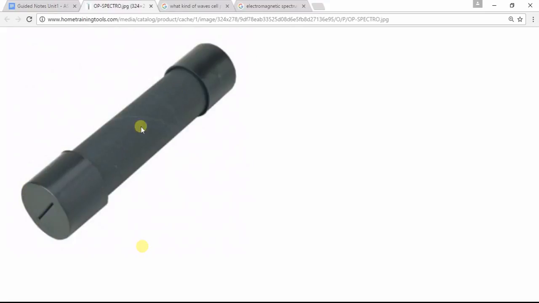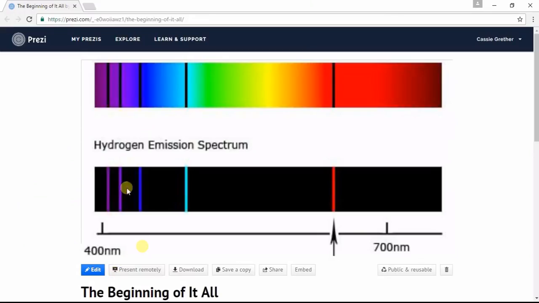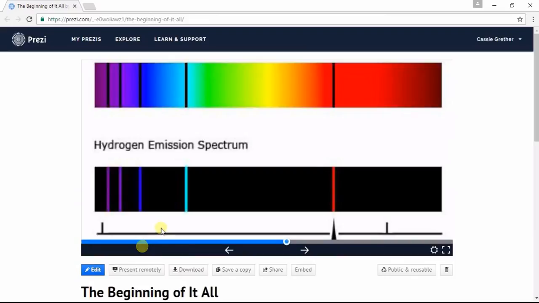Now, when you're looking at it, you're not going to look at the slit, but to the left or the right, not both, because they're just a mirror image of each other. This is where you're going to be able to see your emission spectrum, the chemical rainbow of your spectrum.